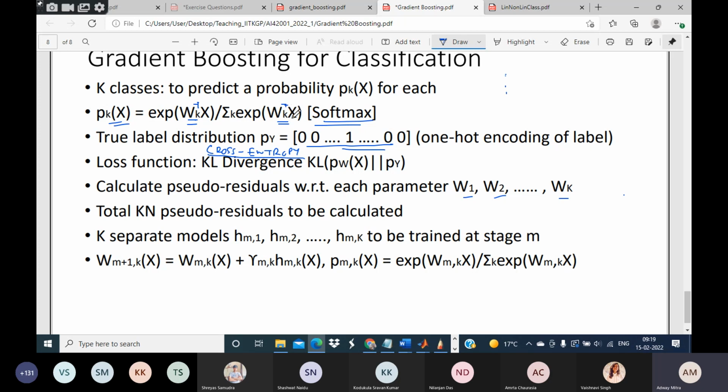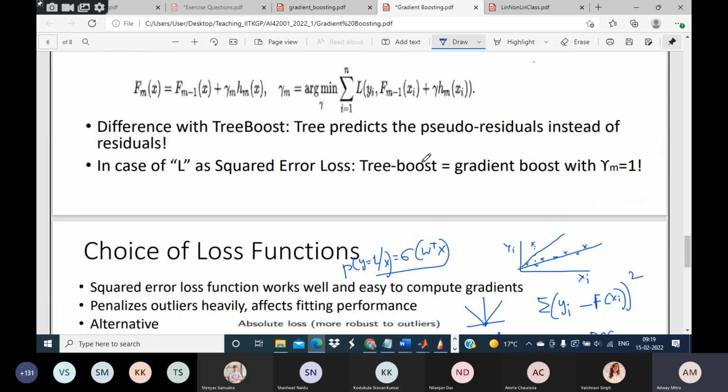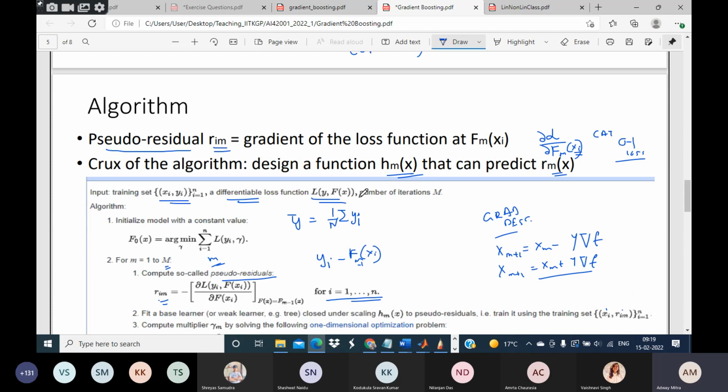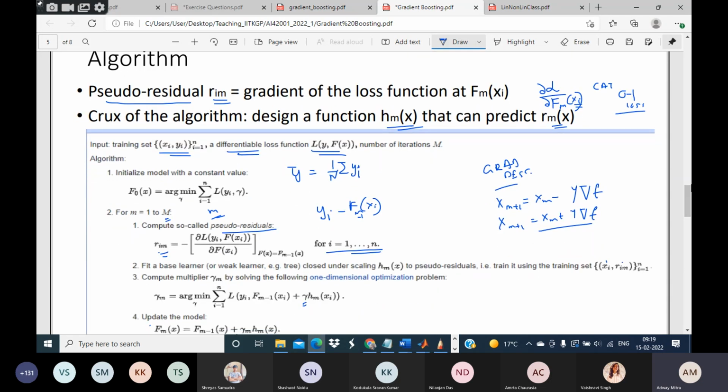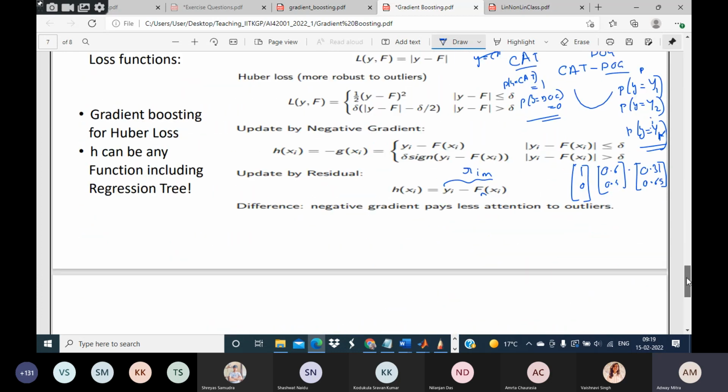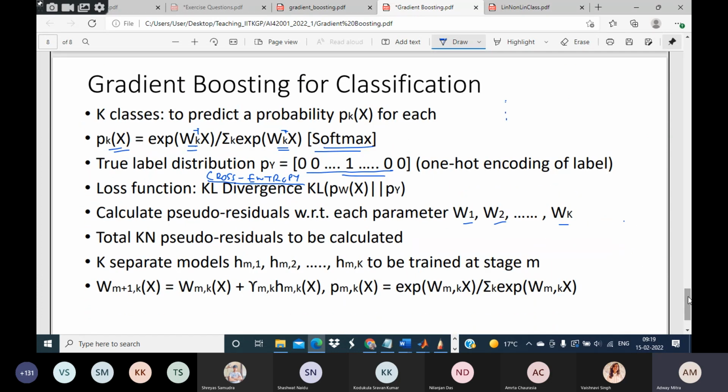So if your feature vector is d-dimensional, then each of these parameters is also a d-dimensional vector. So when you are calculating the pseudo likelihood by taking the gradients, you will have to consider these kinds of vectors, which is theoretically possible, but it's mathematically a bit more involved. So a total of kn pseudo likelihoods will have to be considered.